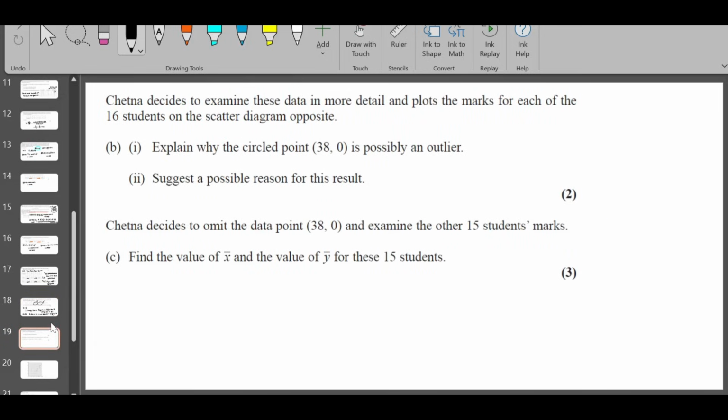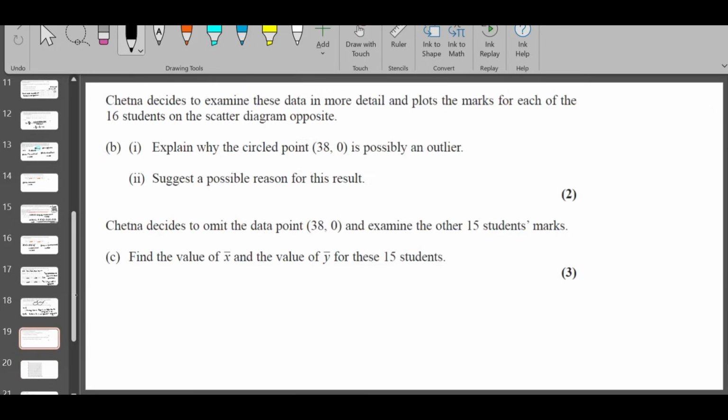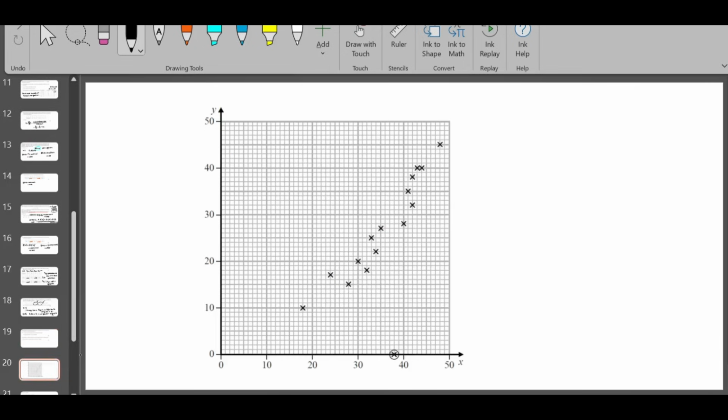Chetna decides to examine this data in more detail and plots the mark for each of the 16 students on a scatter diagram. You have a scatter diagram given here. We need to explain why the circled point is possibly an outlier. This is the circled point. Definitely it's more deviated from the other values, right?